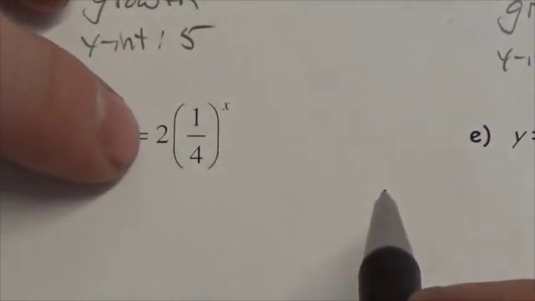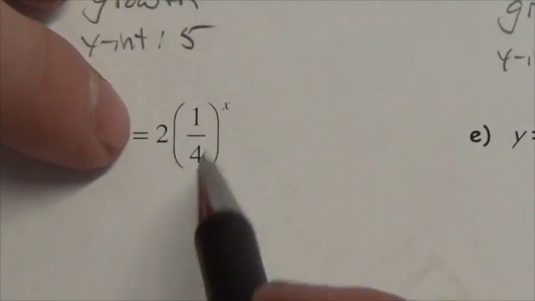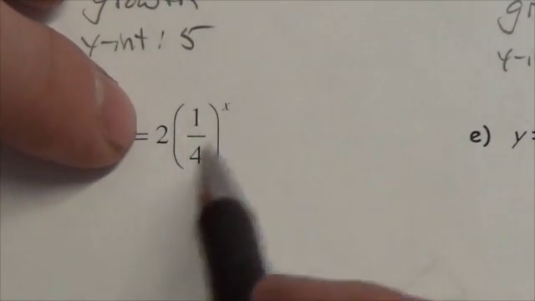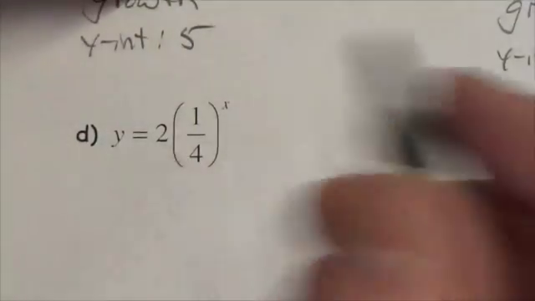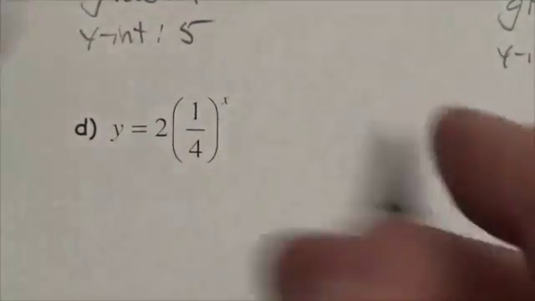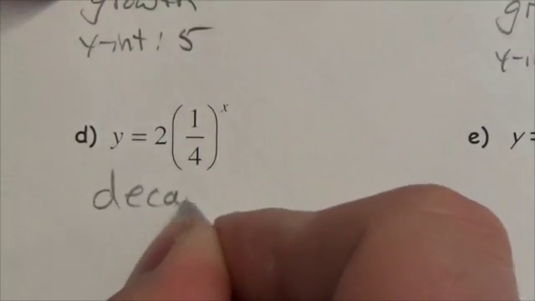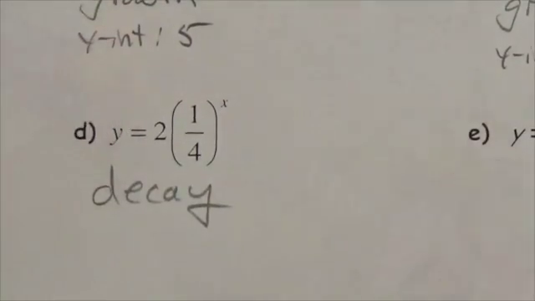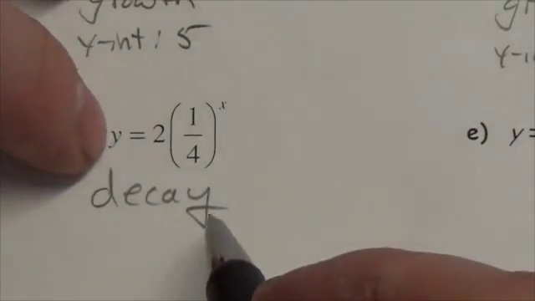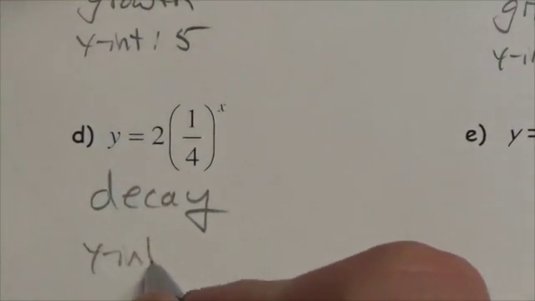Now, consider the power here. The base of the power is 1/4. The 2 is being multiplied outside the power. So 1/4 to the x. Because the base is between 0 and 1, this is going to be decay. Now, because the a value here is 2, the coefficient up front is 2, that's going to be my y-intercept.